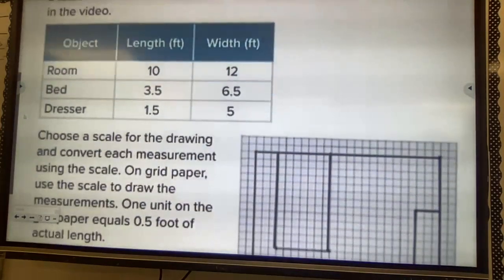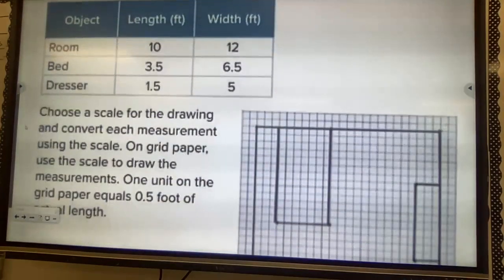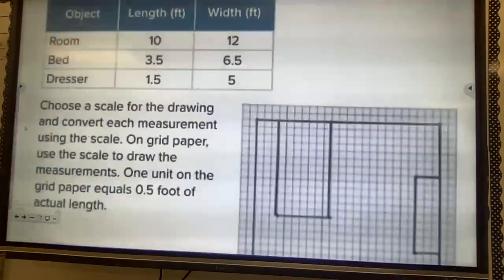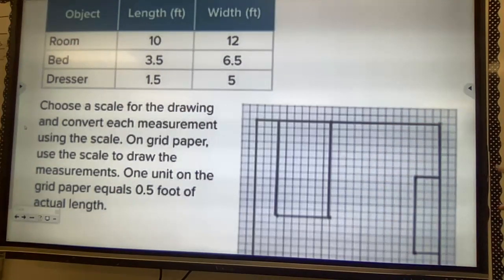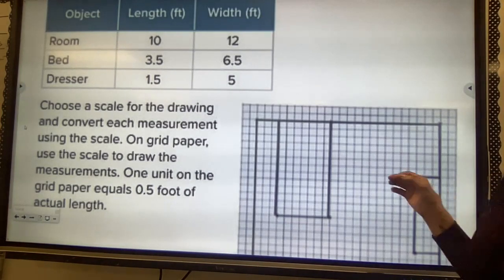So look. We can basically say that 5/10 foot is the, here. We are drawing the bed, we're drawing the dresser, and we're choosing a scale for the drawing to convert each measurement using the scale. And on grid paper, we use the scale to draw the measurements.